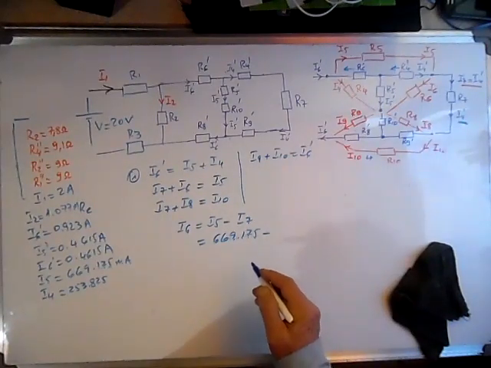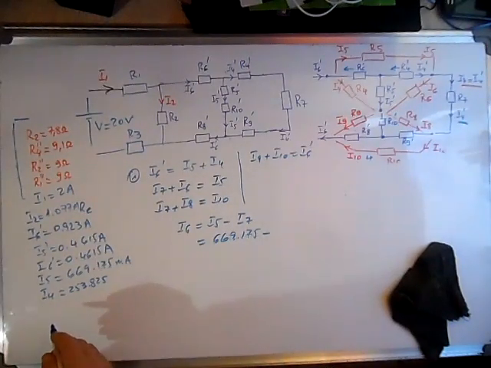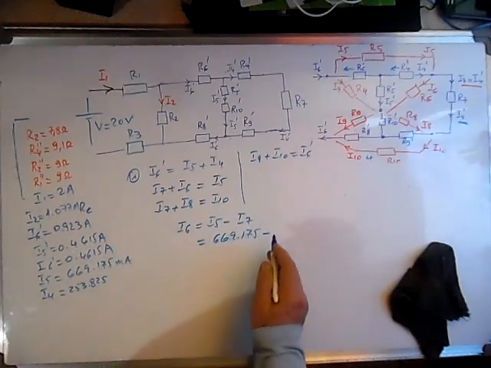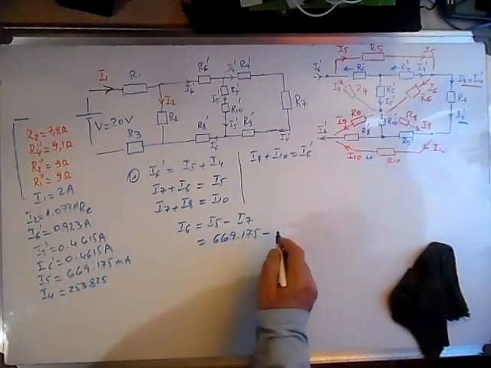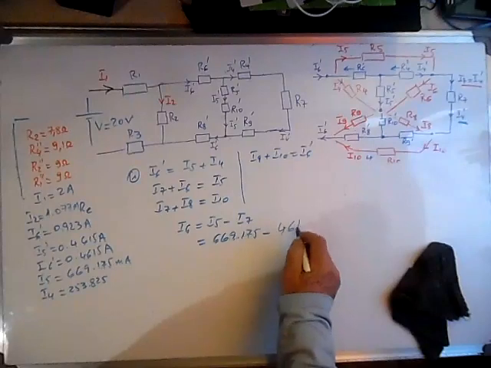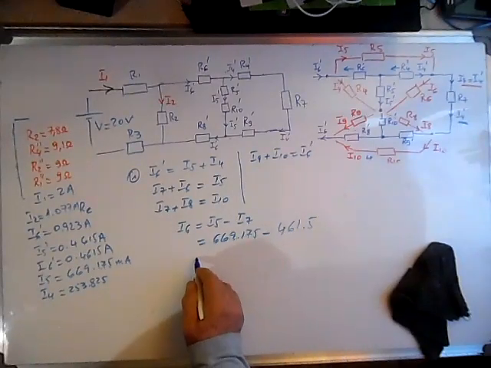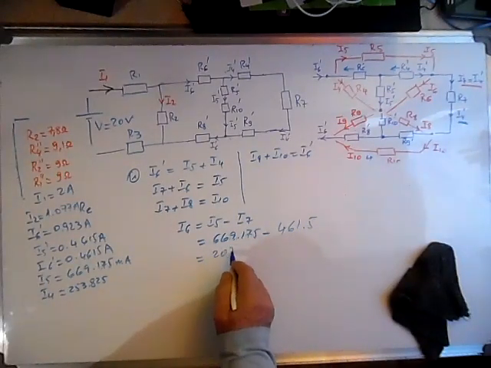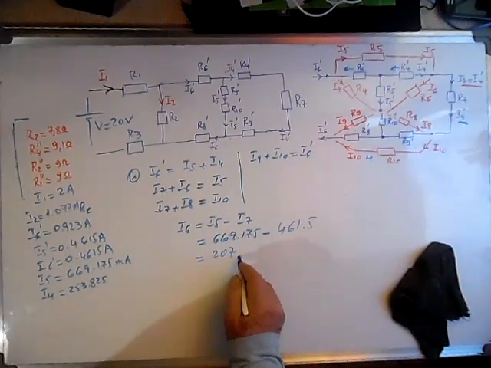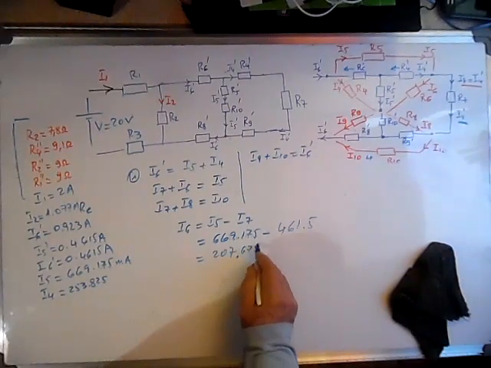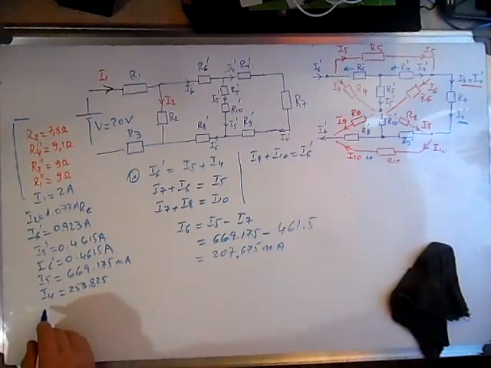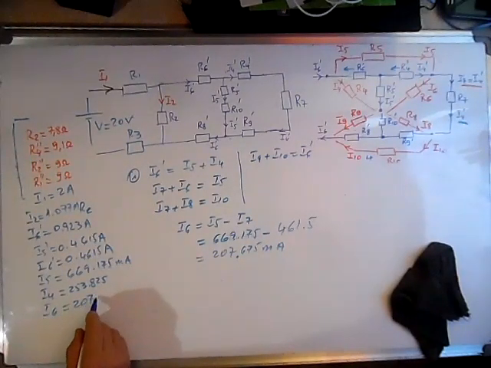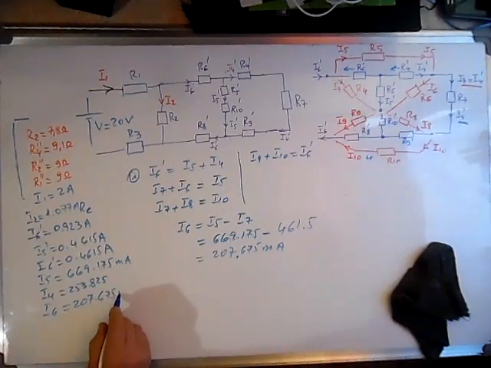I4 prime, it's equal to I5 prime. So it's minus 461.5 milliamp, and this is 207.675 milliamp. This is I6, 207.675 milliamps.